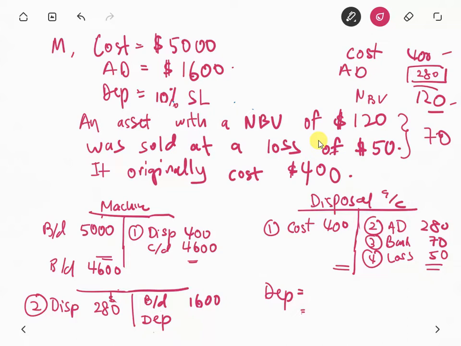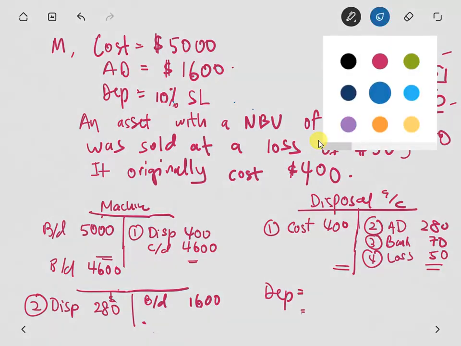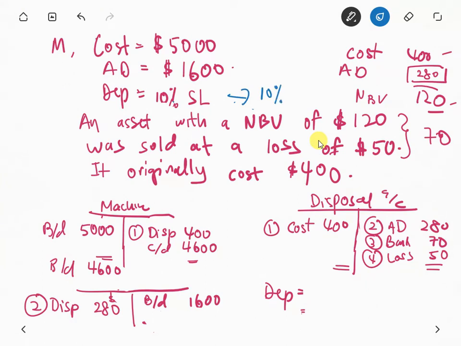But what if it's reducing balance? How much will be my depreciation? If it's 10% reducing balance, will be 10% on net book value. 4,006 minus this one after disposal 46, accumulated after disposal 1320, 16 minus 28.